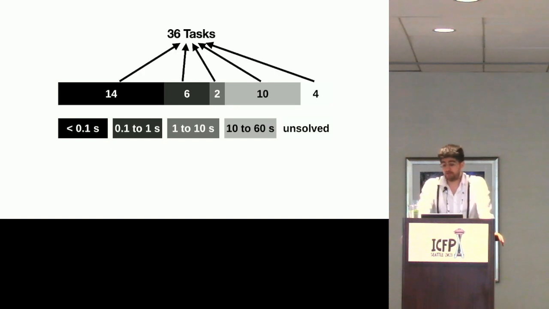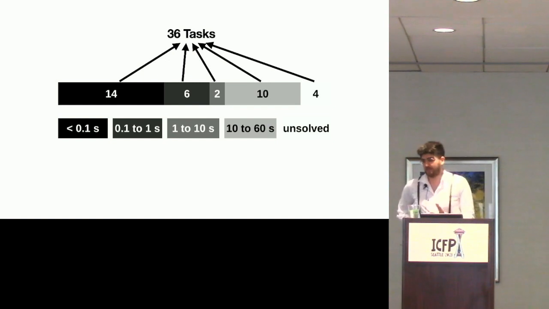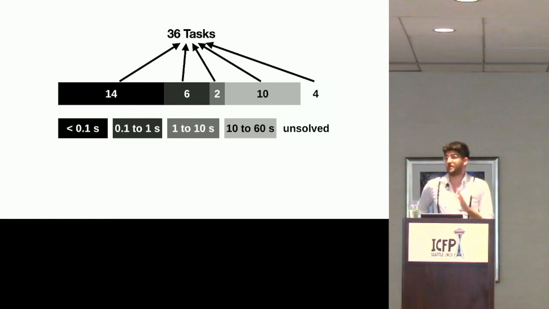Here we see that we have 36 tasks that this bucket chart refers to. Let's pause for a second and talk about what a task is. When you have some properties and some mutants, not all mutants are going to be incurring bugs in all of the properties.